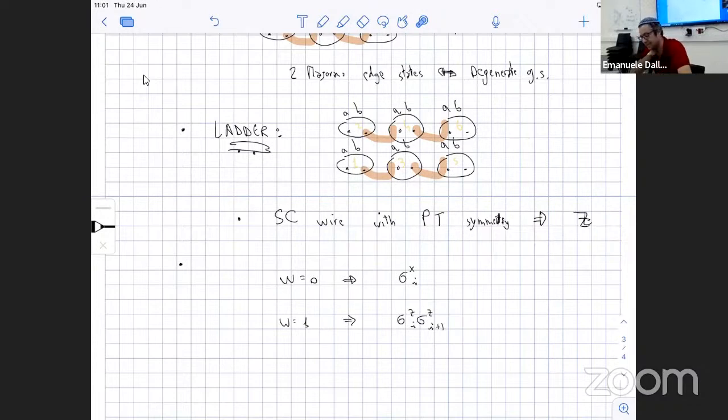And then what you obtain is a direct coupling between two fermions that are one site apart. If the two fermions are one site apart, then the string between them is going to be significant.